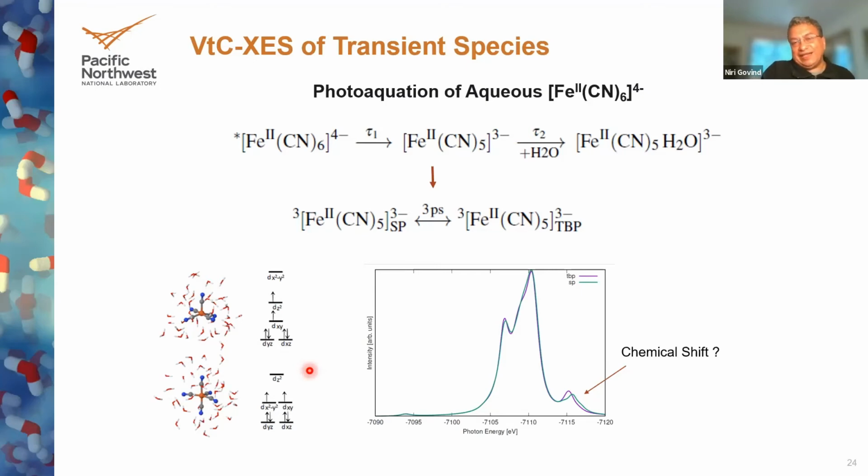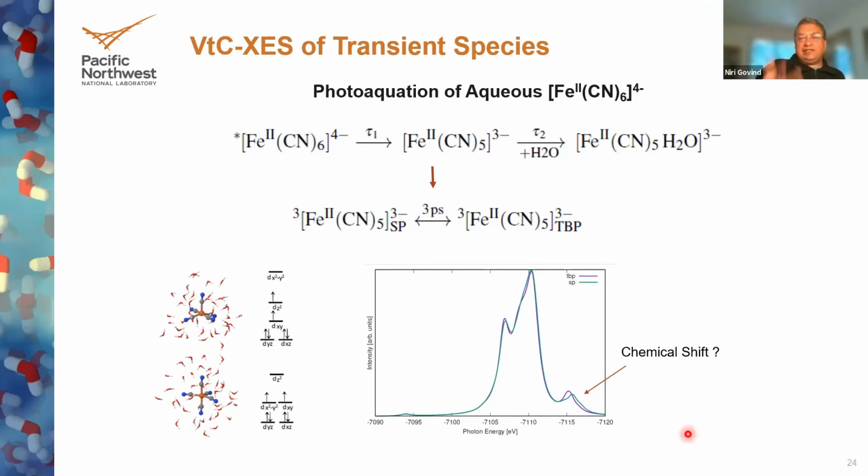What we were surprised to see was that the valence-to-core X-ray emission spectrum looked pretty much the same for these two. And given that the system resides 85% of the time in this isomer versus this isomer, the slight difference that we see here between these chemical shifts is probably going to be swamped out by the majority component of these two structures.